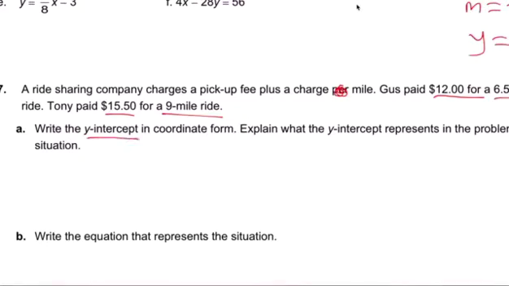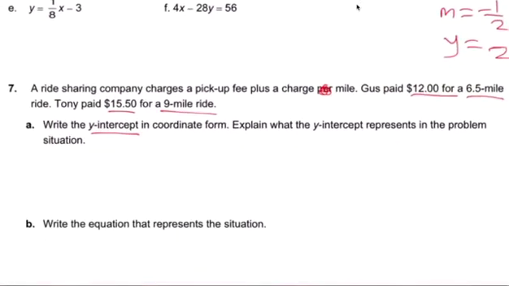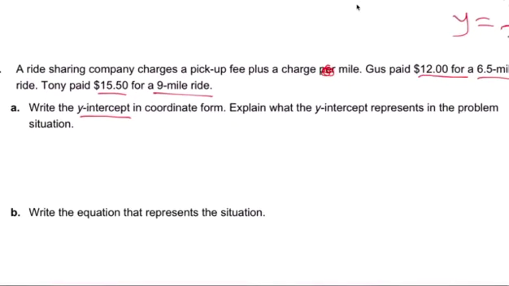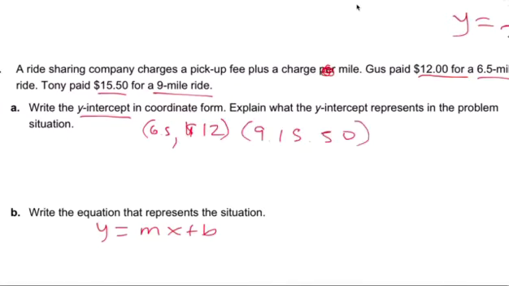Write the y-intercept in coordinate form. Explain what the y-intercept means in the problem. Okay, write an equation. Y equals mx plus b. So dollars is always y. 6.5 miles is $12, and 9 for $15.50.